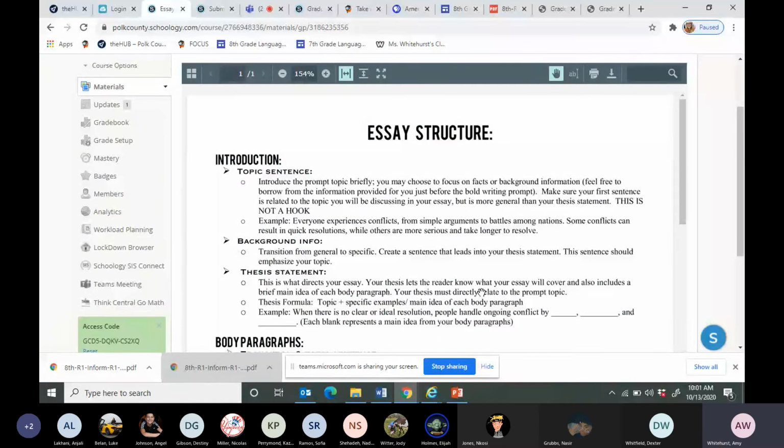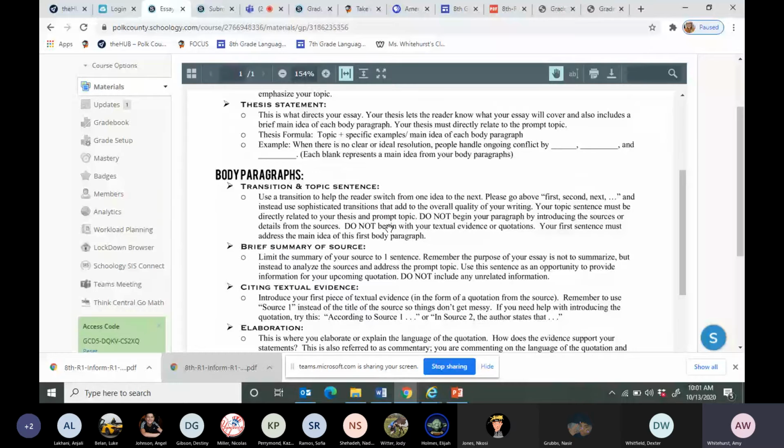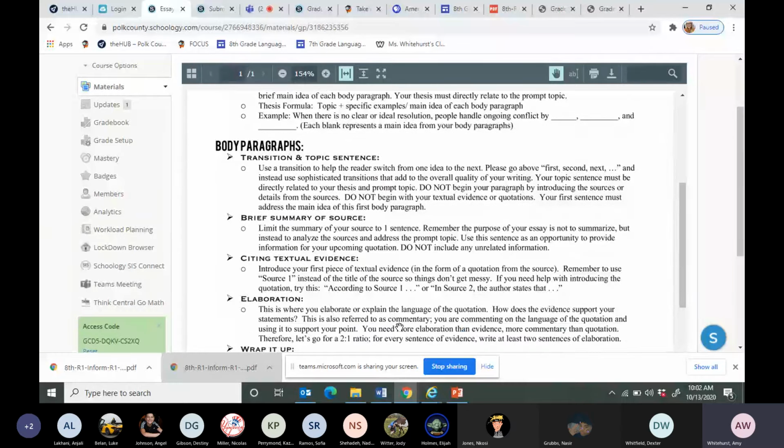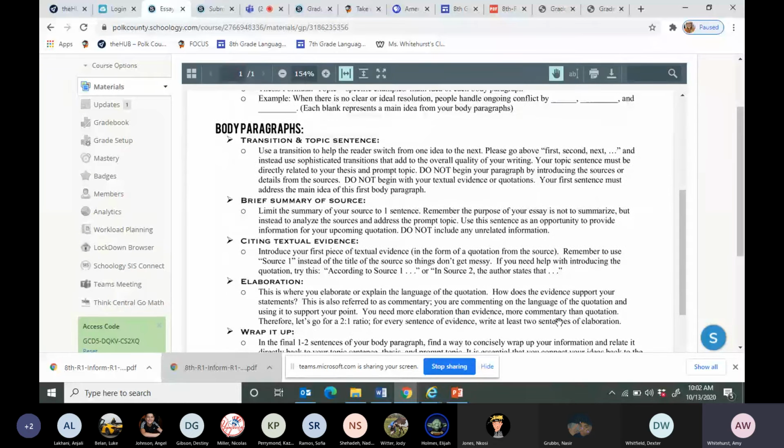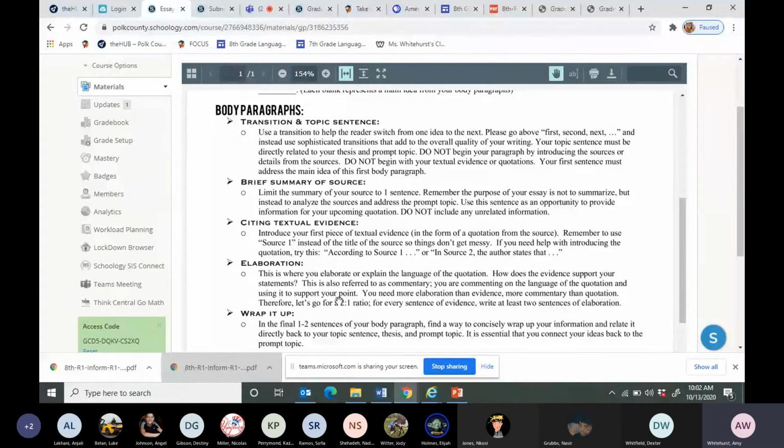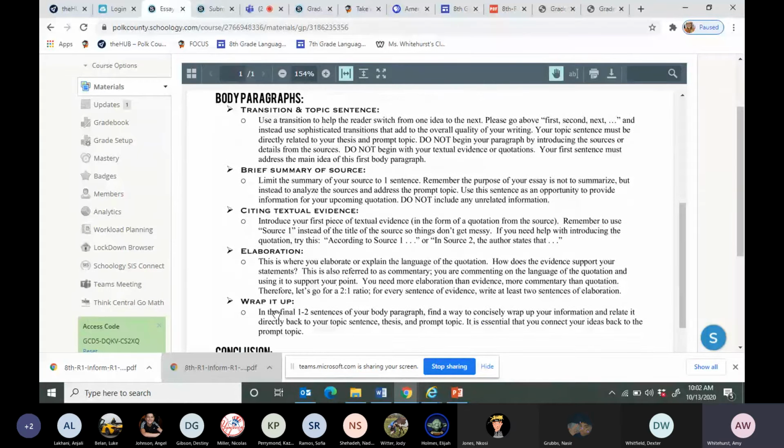Did I do this? Did I include that sentence in between topic sentence and evidence? Did my elaboration really analyze, or was it just summarizing, right? And did I end each body paragraph by proving why this information is important and why people should care?